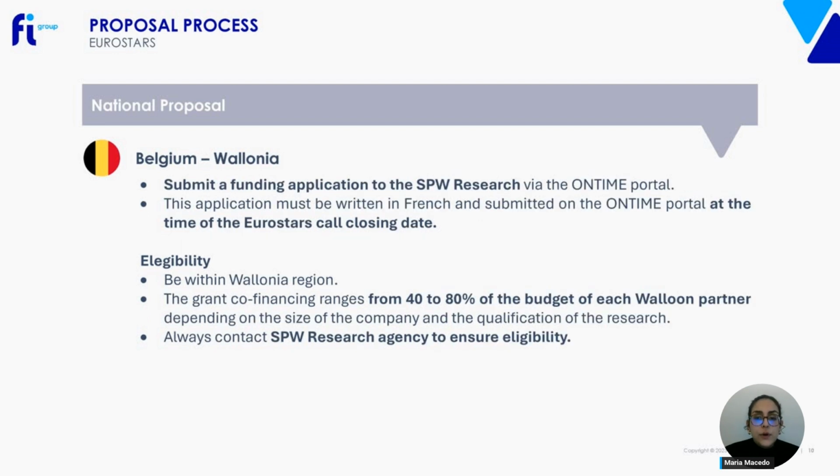And finally, for the region of Wallonia, there is also a slightly different process. So there is a need of submitting an application to the SPW research via the OnTime portal, and this application must be written in French, submitted on the OnTime portal at the time of the Eurostars call deadline, the international cutoff date as well, similar to the Flanders process.